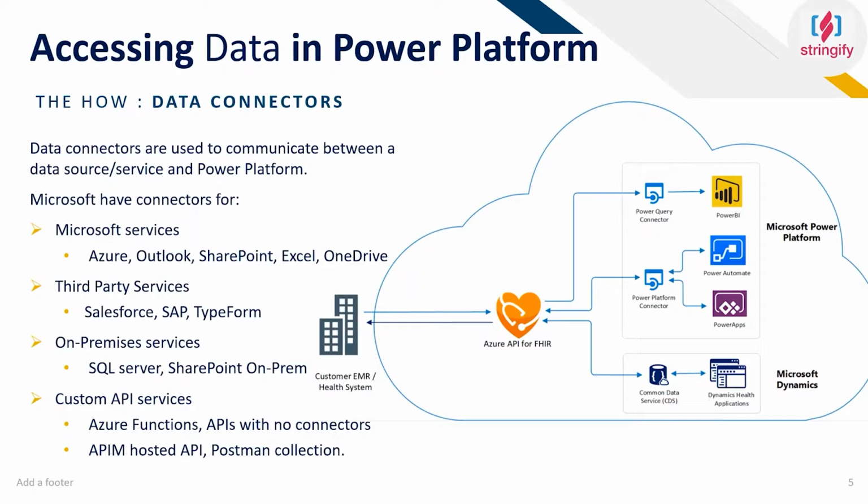So Salesforce has exposed its APIs, SAP has exposed its API, Typeform has exposed its API. Because they have all exposed their API to Microsoft, Microsoft is then able to query those APIs and allow us to use those APIs in the Microsoft Power Platform.